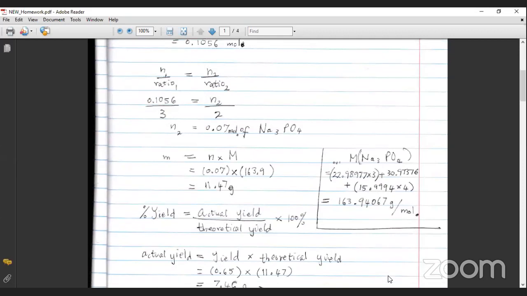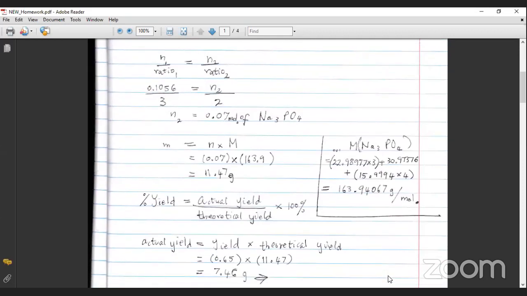So here, what they want to know, they've given us the percentage, right? They say it's got 65%, and what is the actual yield? Once they give you the percentage, you can find the actual yield. Why? Because the theoretical yield is what we calculate.